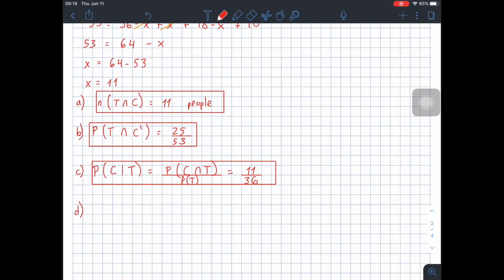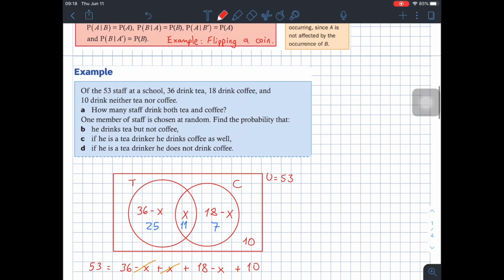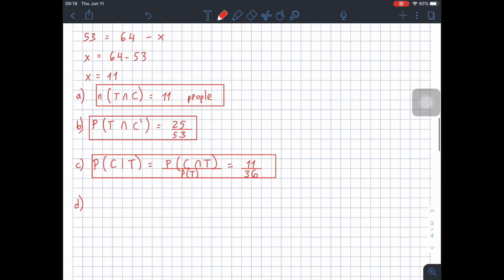Finally, there's part D, which says, find the probability that if he is a tea drinker, he does not drink coffee. Okay, so same condition. We know that this person drinks tea, but we want to find now the probability that he does not drink coffee. Okay, so it's the same thing, but now it changes that it should be not coffee.